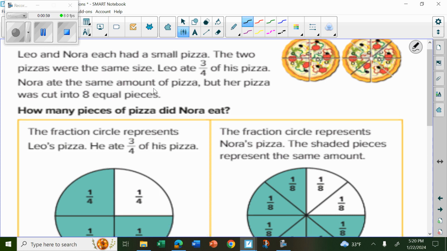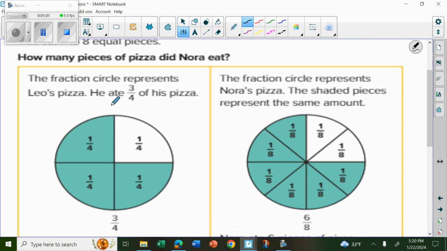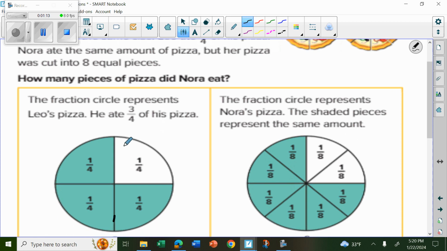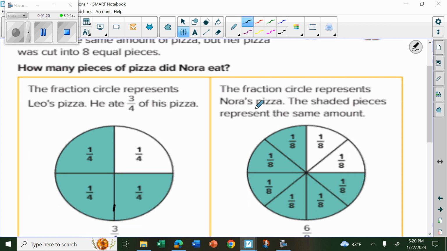So look at this. Leo ate 3/4 of his pizza. Here's the pizza, and you will see that this has been split into 4 sections, and 3/4 of it has been shaded. That's the amount that Leo has eaten. Okay? So now we come over here to Nora. Nora's pizza is cut into 8 equal pieces.